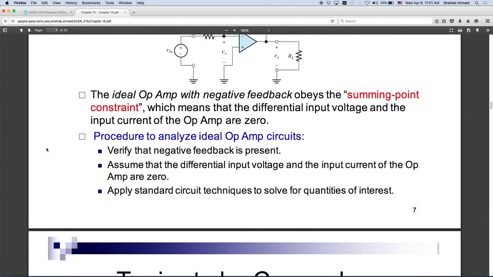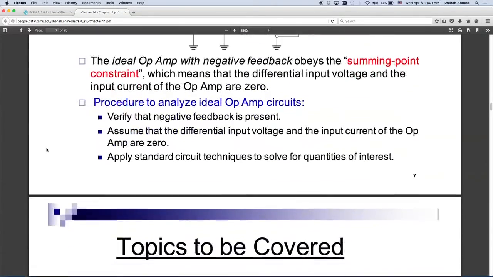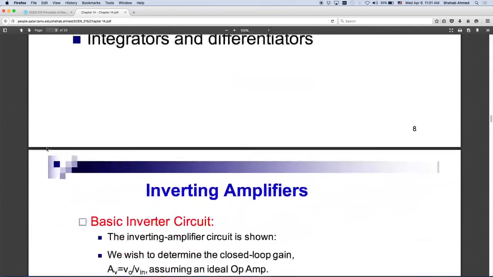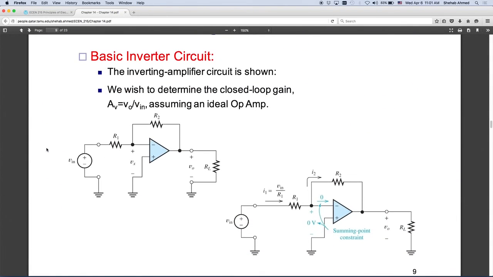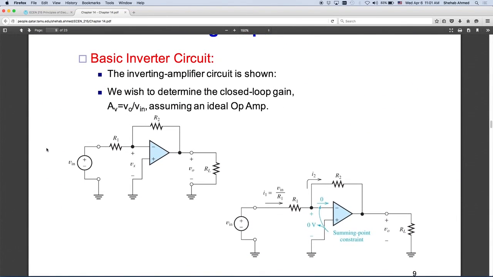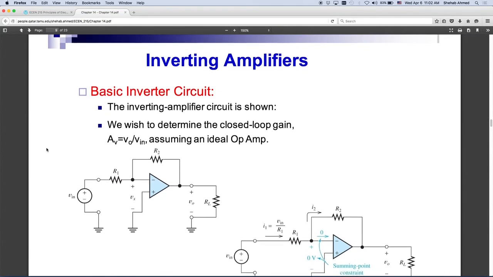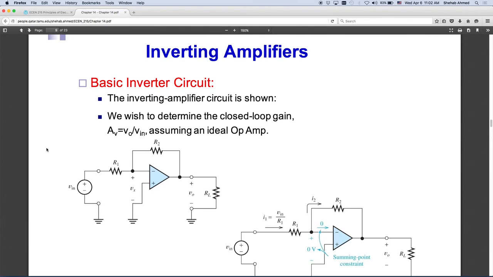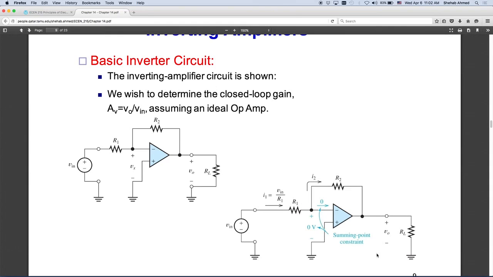So let's see how we calculate the input to output characteristics of such an op-amp circuit. First we will study a class of amplifiers called inverting amplifiers. The name inverting comes from the fact that their output voltage will be opposite in polarity versus the input voltage.